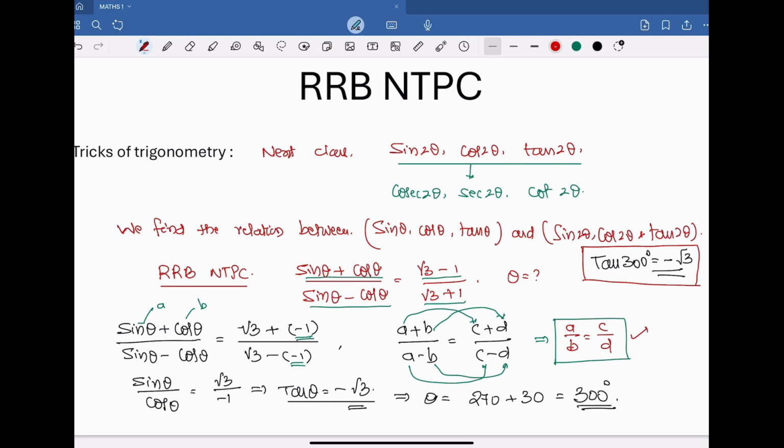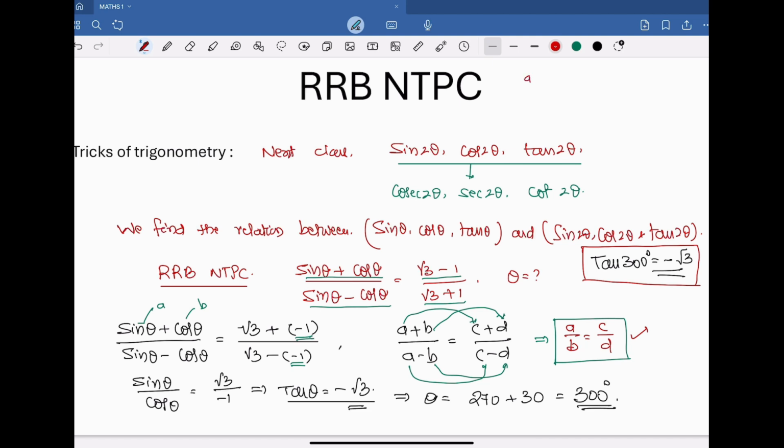First answer is 240. 240 means 180 plus 60. That means tan 60, because in the third quadrant 180 plus keeps tan. And all silver tea cups, in the third quadrant tan is positive.